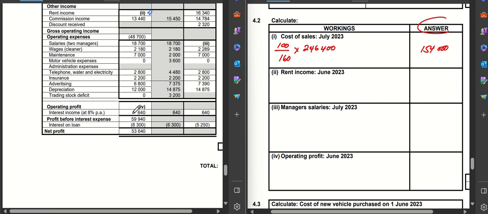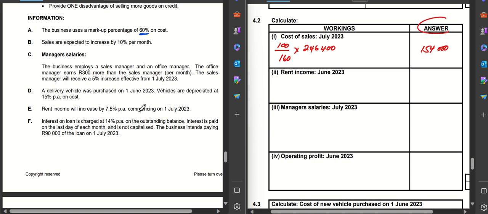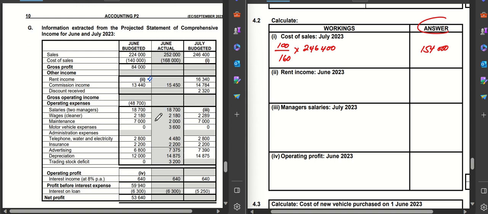All right, so we come to the information on the rent income, and it says information E, rent income will increase by 7.5% per annum commencing on the 1st of July. So rent income will increase by 7.5 commencing on the 1st of July. That simply means here in the month of June, rent had not increased, but in the month of July, rent has increased.